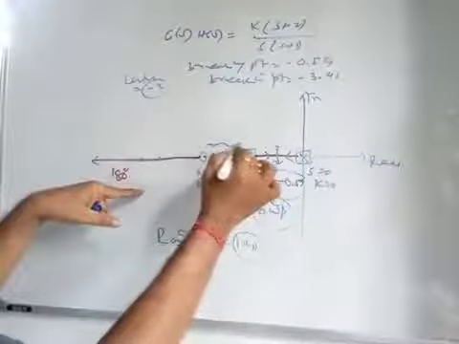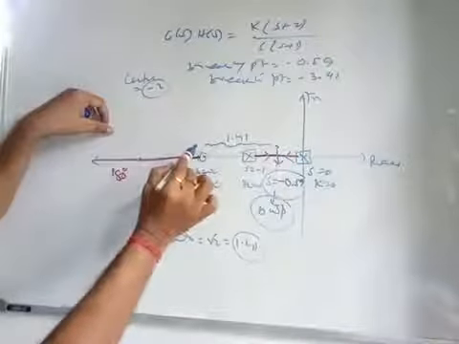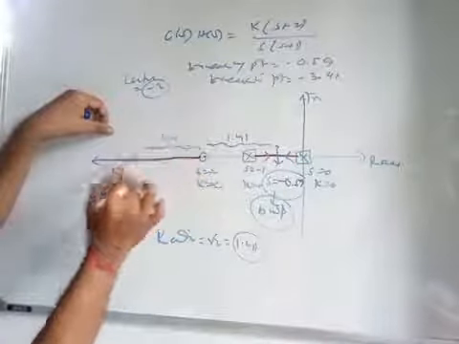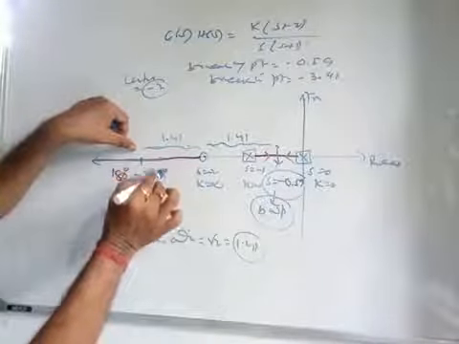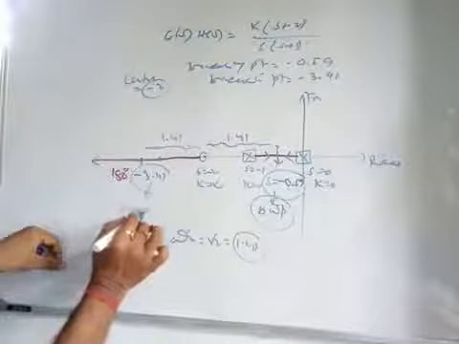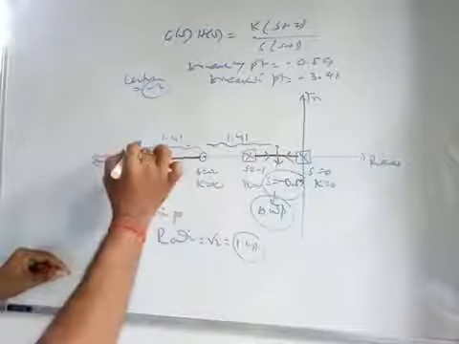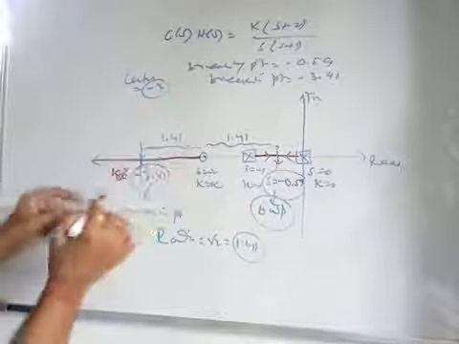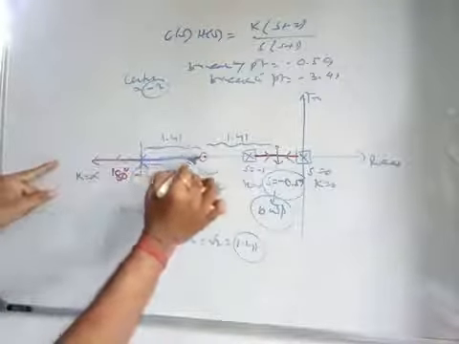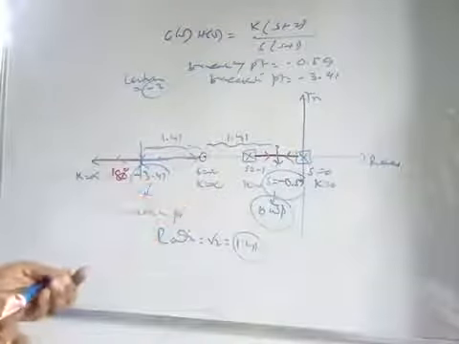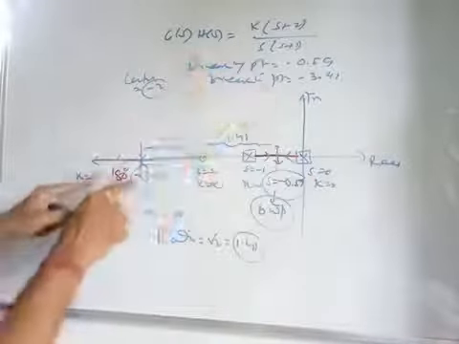This distance is 1.41, and similarly on this side it will be 1.41, and that point is -3.41, which is your break-in point. Break-in point means two branches are coming in, and one branch is going to infinity with k equal to infinity, and one branch is going to 0 to terminate at k equal to infinity.